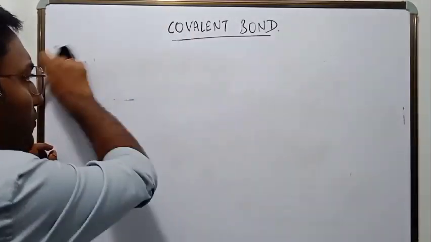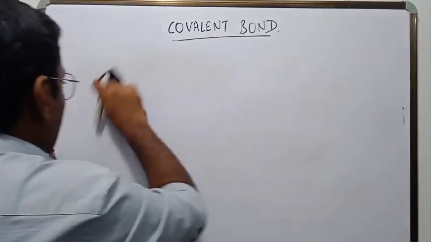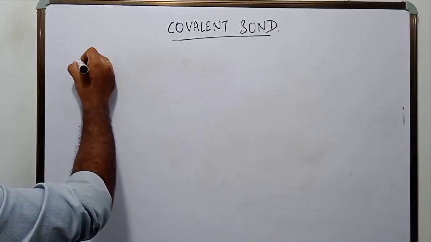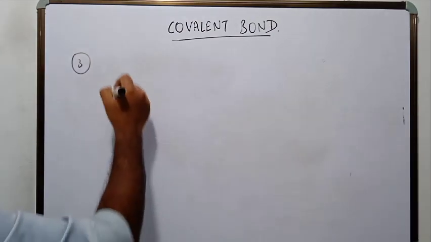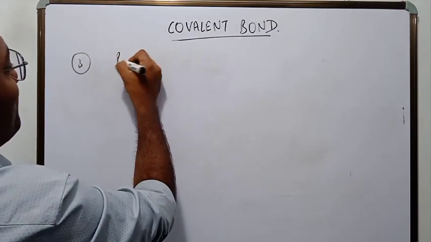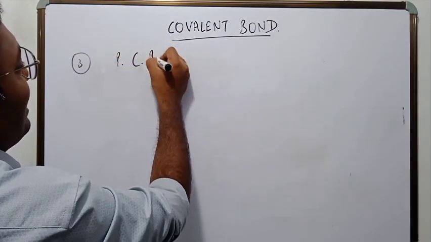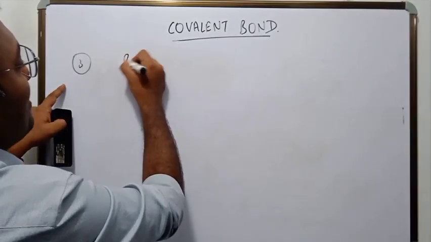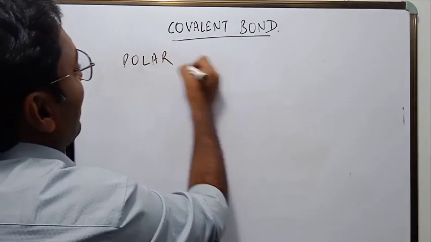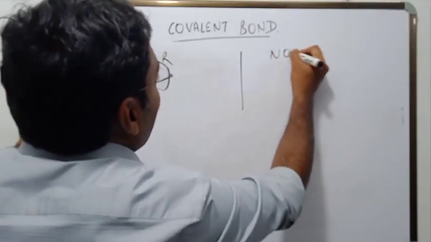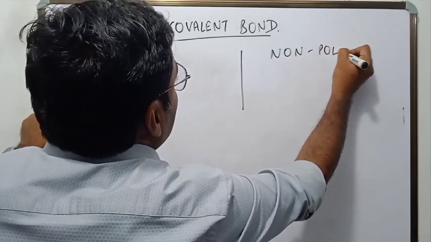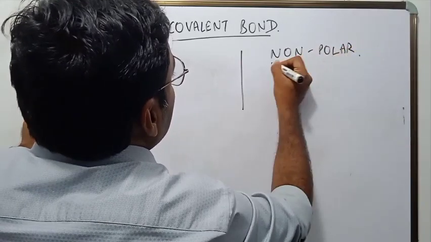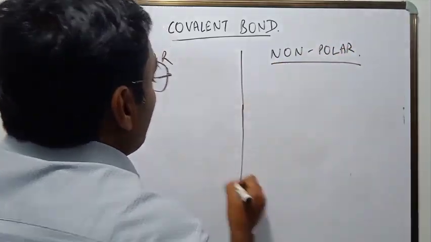The third point is classification. See, covalent bond is classified into 2. You already know: first is polar covalent bond and the second is non-polar covalent bond. This classification is based on the charges developed along the bond length.